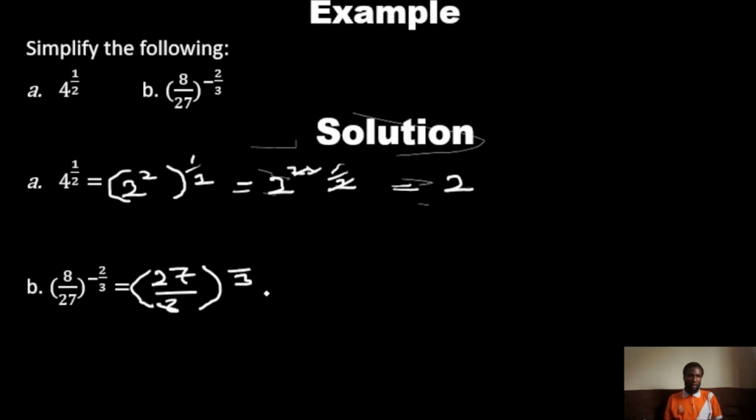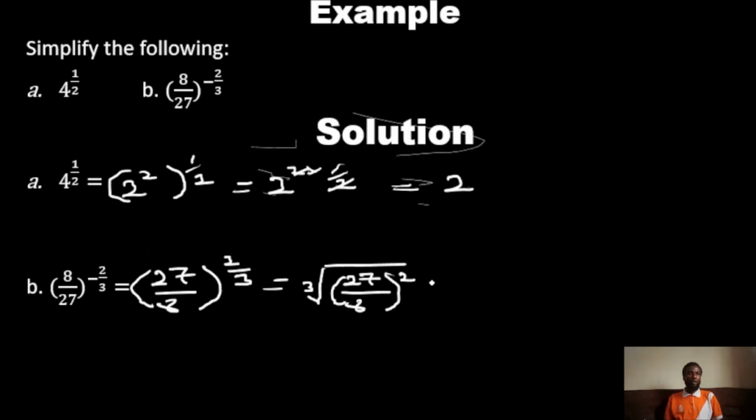Now I can express this as the cube root of 27 over 8, everything raised to the power of 2. Remember, 2 over 3 can be expressed as 2 times 1 over 3, and 1 over 3 means cube root.